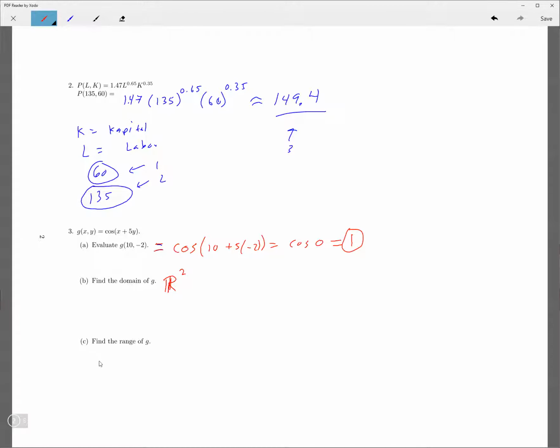And since it's cosine, that real number is going to be between what and what? Cosine can only take on values between negative 1 and 1. Between negative 1 and 1. Those are the only values that the cosine can take on.